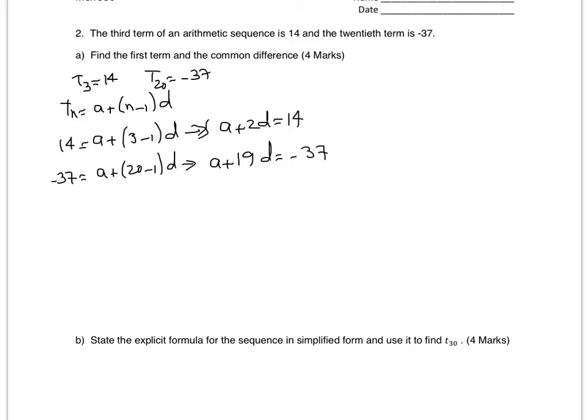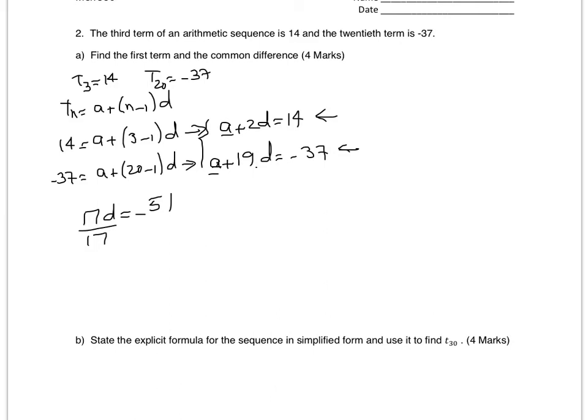Now I have two equations in two unknowns. So I'm going to use either elimination or substitution to solve it. What I'm going to do is subtract this equation from this equation. So a minus a is 0, 19d minus 2d is 17d, and negative 37 minus 14 is going to give me negative 51.